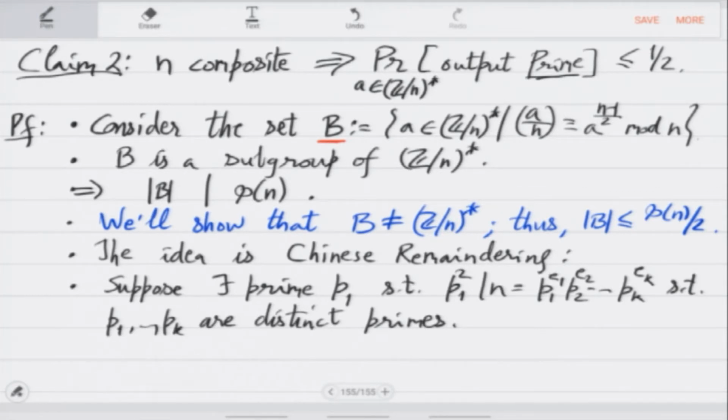This can't happen assuming B is equal to Zn star.